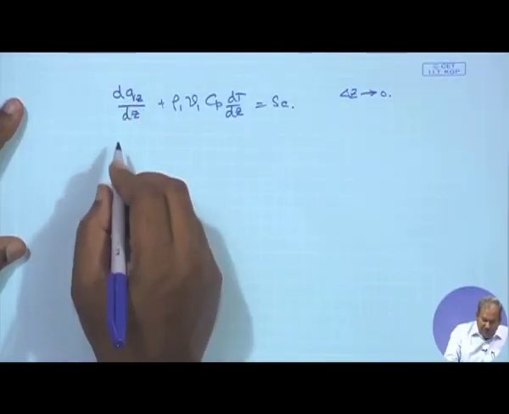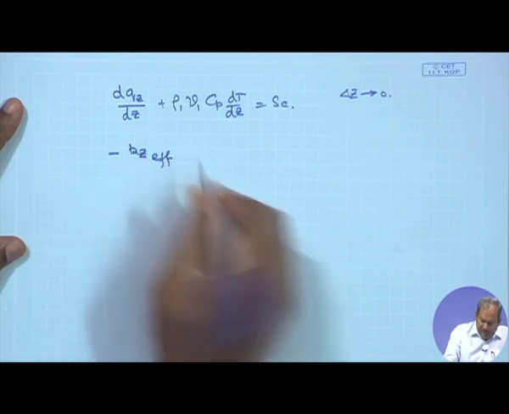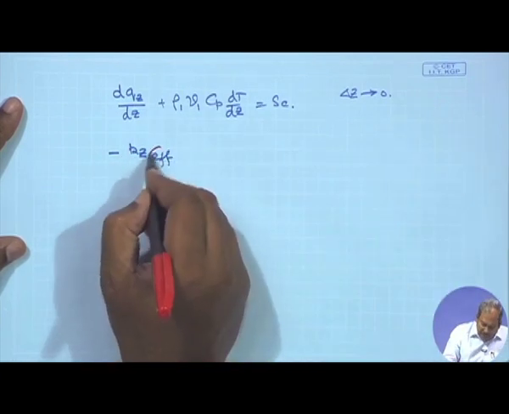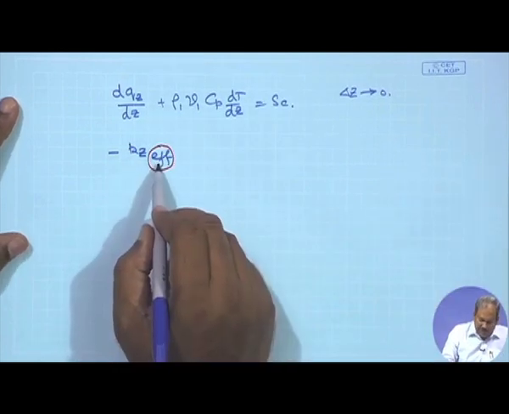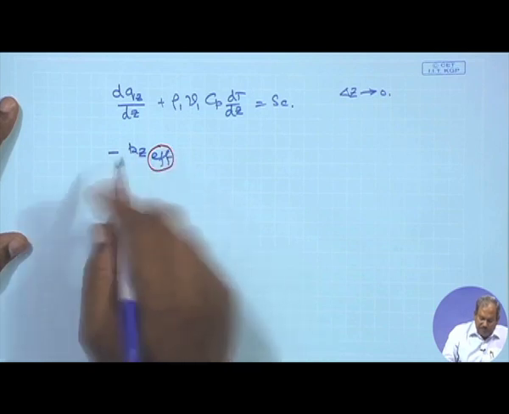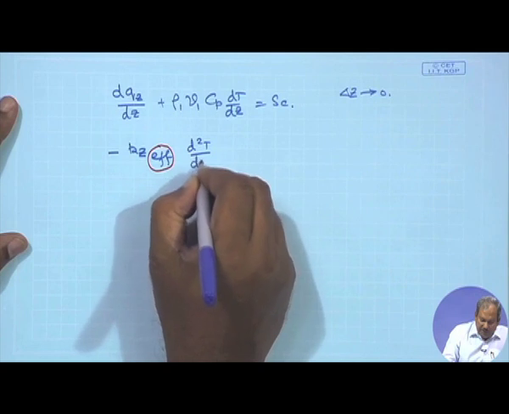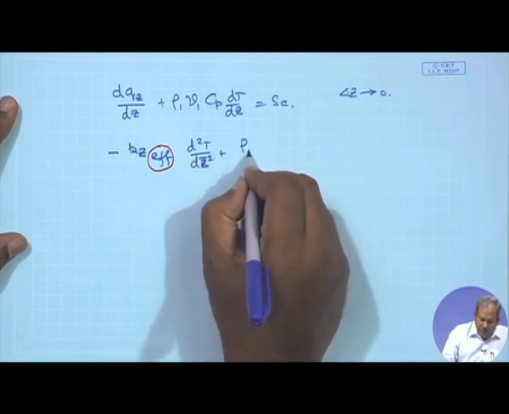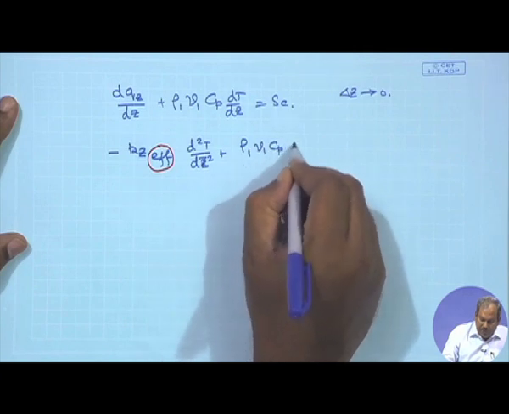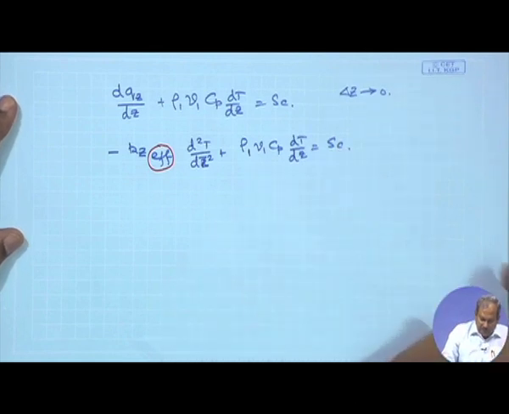So, you have this equation, and then when you substitute qz by Fourier's law, what you get is kz, and I would say this is the effective, put in the term effective because it takes into account both the solid particles as well as the void space, times d2T dz square plus rho 1 v1 cp dT dz is equal to Sc.